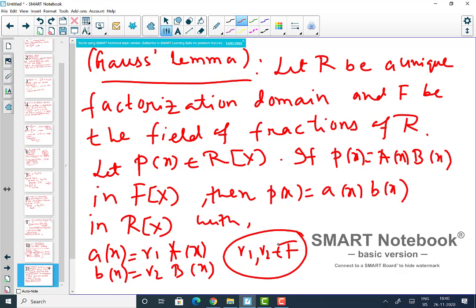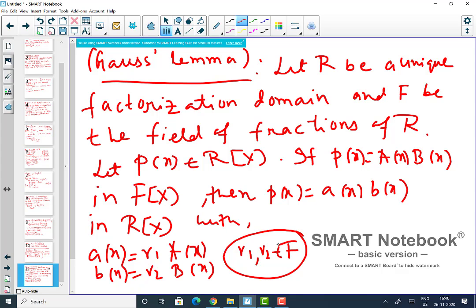So we first try to understand what Gauss Lemma is saying. Suppose you have a unique factorization domain, meaning that every non-zero non-unit element is a product of irreducible factors, and this is unique up to associates, right?